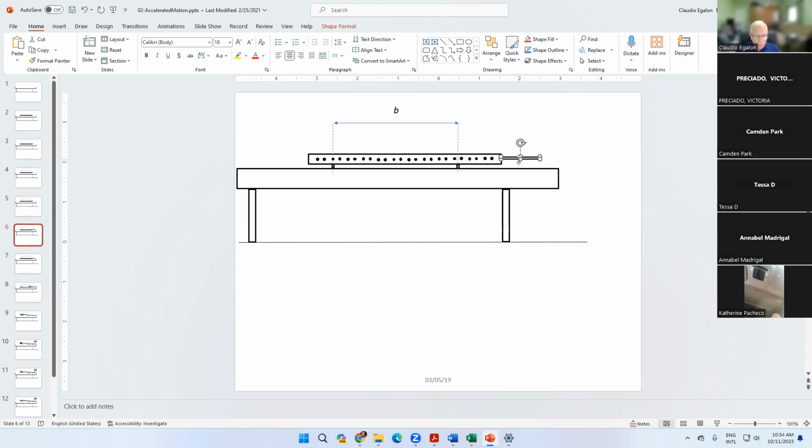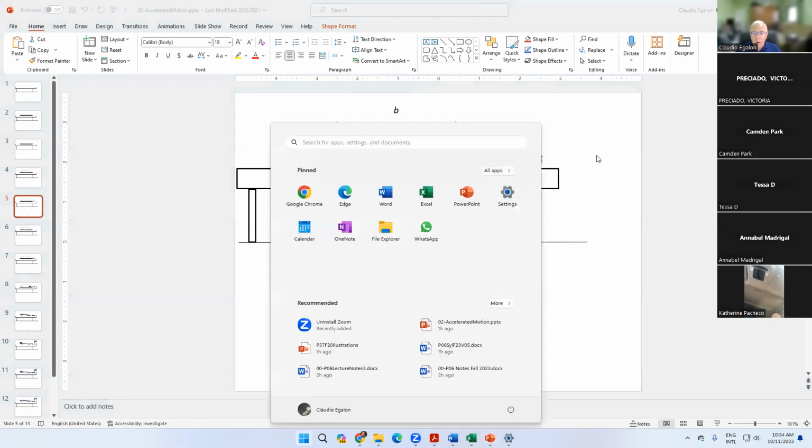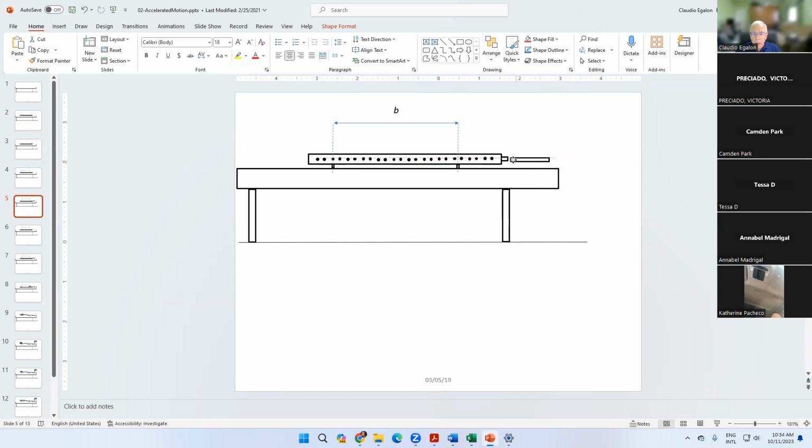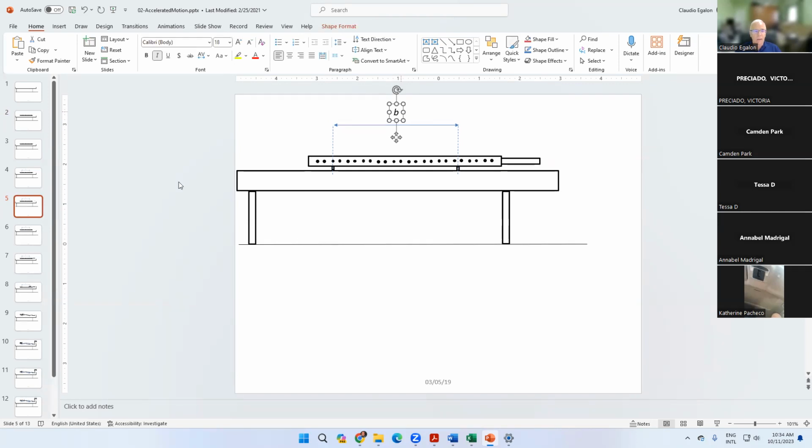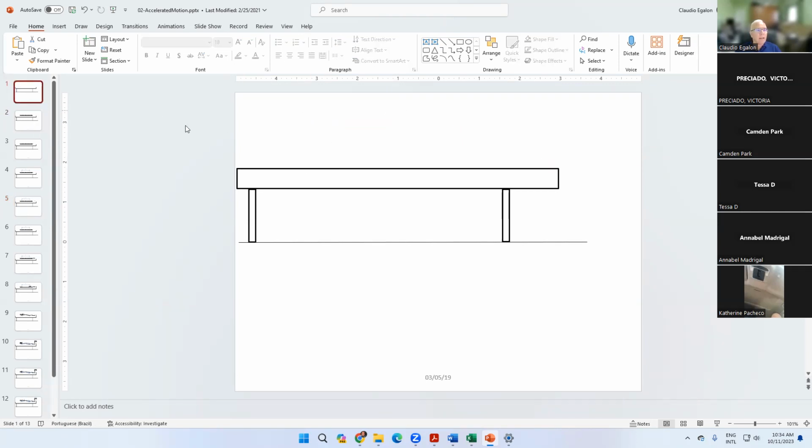I'm going to change my drawing. I'm going to make my holes a little bit larger, otherwise it's not very realistic. Holes. Should I write that down? Holes. Even better. Table, right?